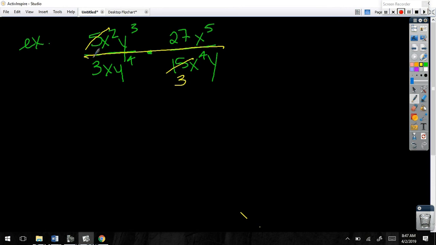No, you don't have to do it across. This is one big fraction. So it could be written as 5 times 27 over 3 times 15. And I could still do 5 and 3. You see what I'm saying? Simplifying fractions.